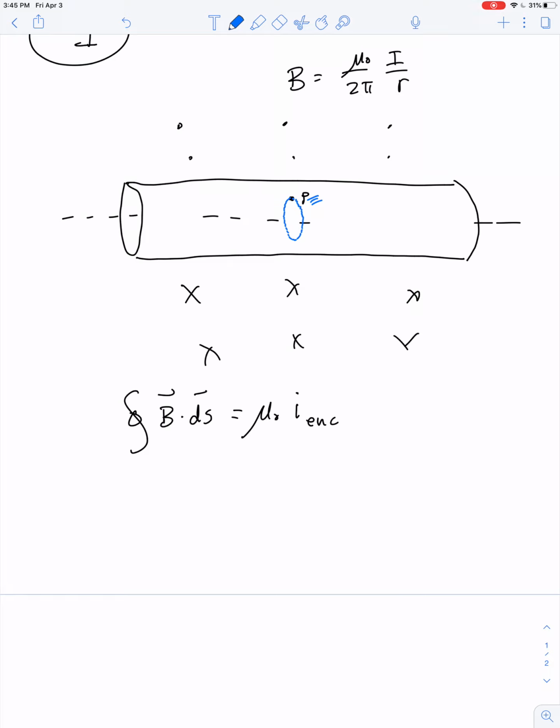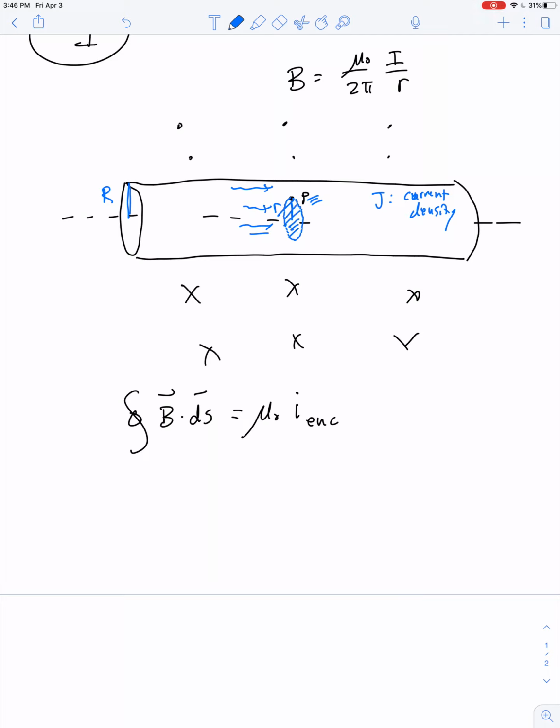I'm going to say the radius of my wire is capital R, and the radius of my Amperian loop is lowercase r. If this has a uniform current density, remember J is the symbol for current density, then the amount of current that passes through my Amperian loop is only a fraction of the total current, right?